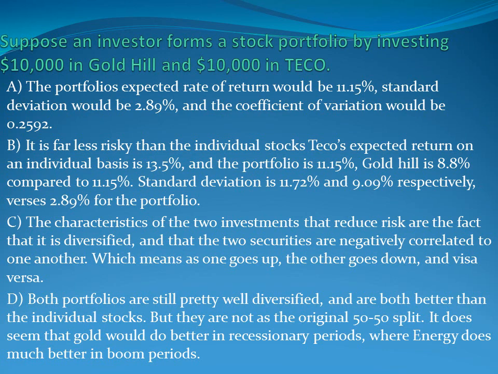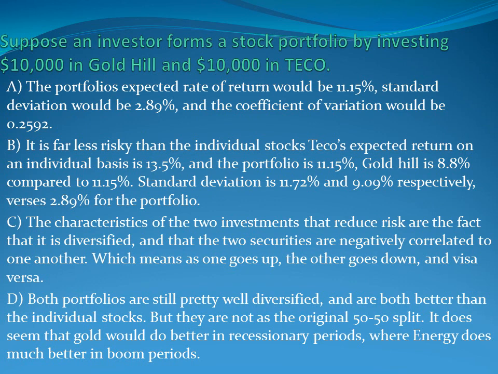So the characteristics of these two investments that reduce risk are that the fact that it is diversified. I mean, you don't want to put all your eggs in one basket because that's one way you get killed in the market. And also, the two securities are negatively correlated to one another, which means as one goes up, the other goes down, and you could say it the other way around.